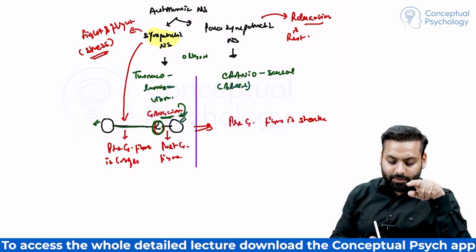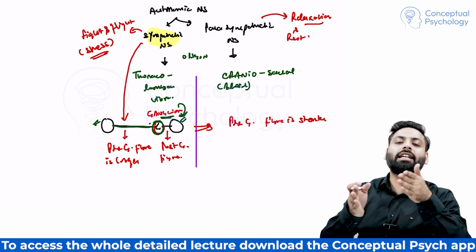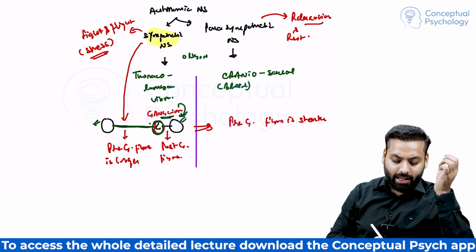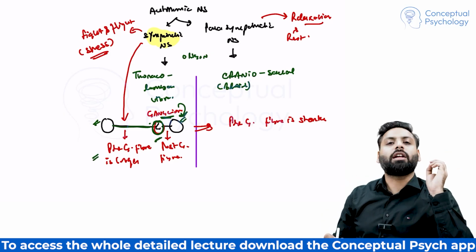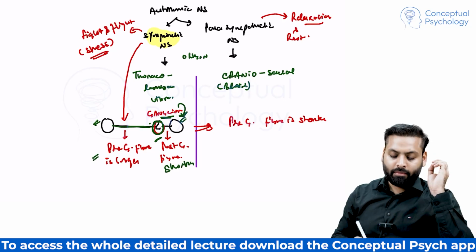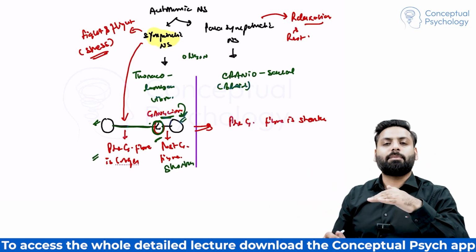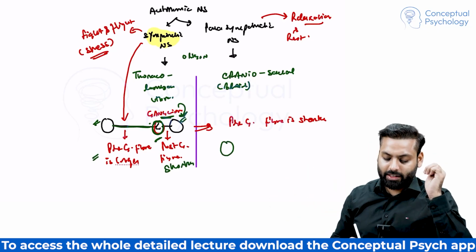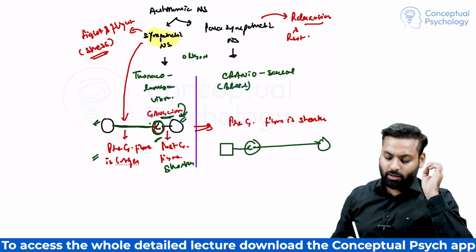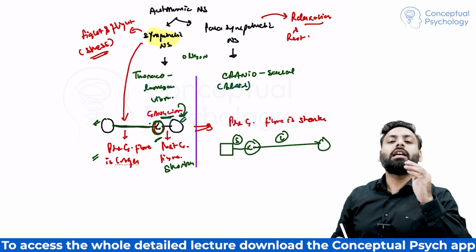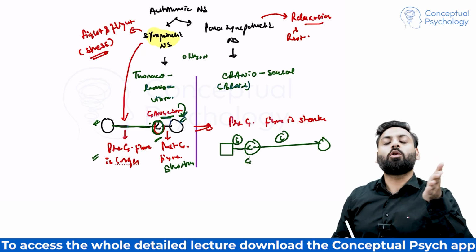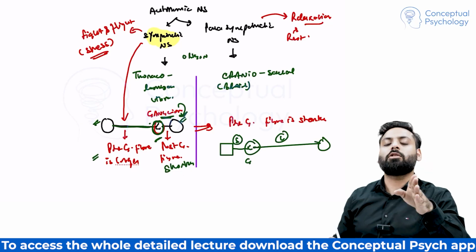So the fiber which is before the ganglion, the preganglionic fiber, is longer and the postganglionic fiber is shorter. It is opposite in the parasympathetic nervous system: the preganglionic fiber is shorter and the postganglionic fiber is longer, because the ganglia are located close to the target organ.